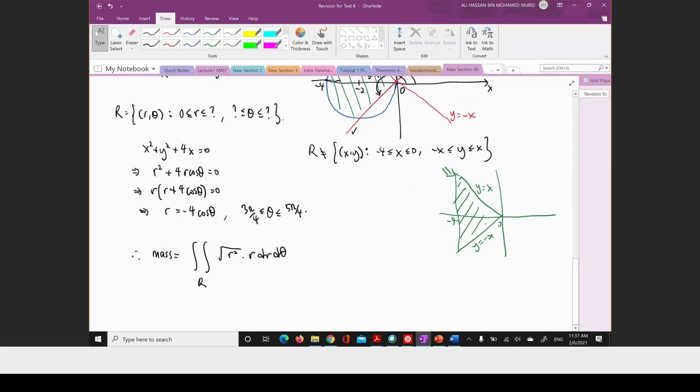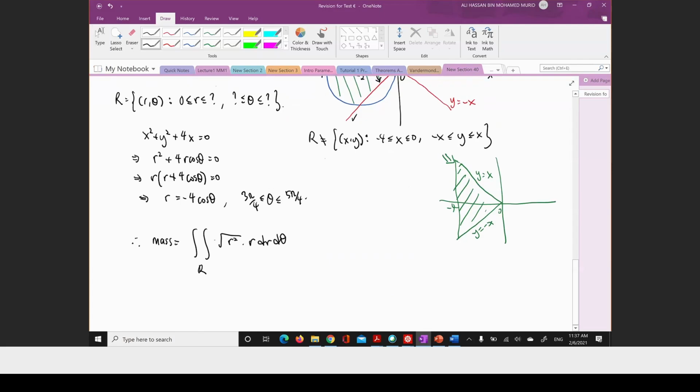So r is from 0 up to minus 4 cos theta. What about theta? Theta is between 3 pi over 4 up to 5 pi over 4. And this square root of r squared times r is the same as r squared.